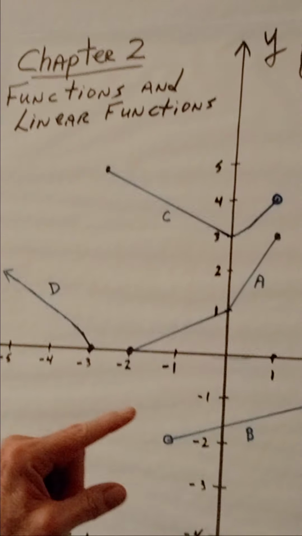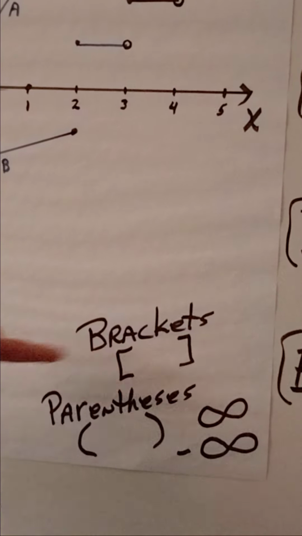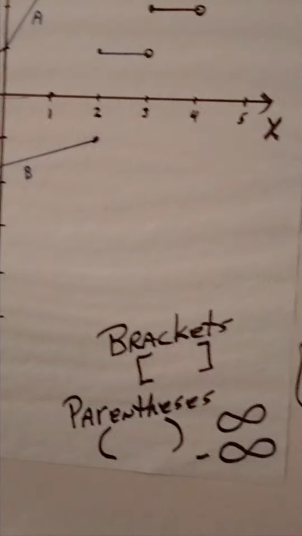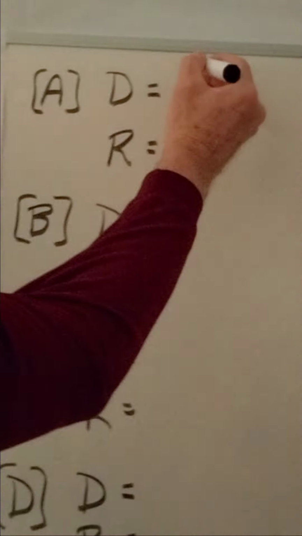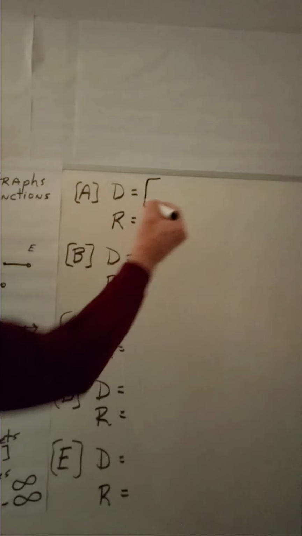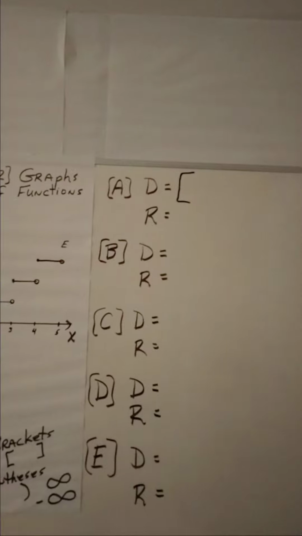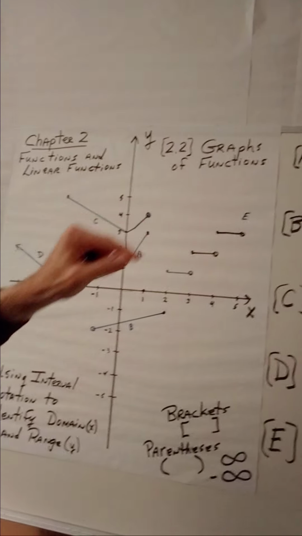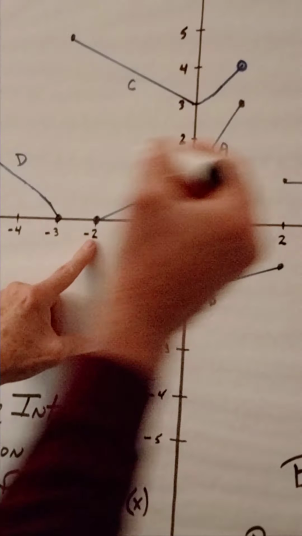And the symbol that we use to show that he counts is a bracket. So we're going to begin letter A for the domain. We're going to put a bracket that's going to open to the right. And right next to that bracket, we're going to put that smallest member of the domain, -2.